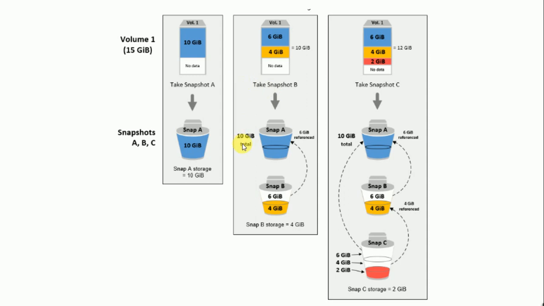Take a snapshot: Snap A is already there, and Snap B only contains the 4 GB of changed blocks. Now for volume 1, 6 GB plus 4 GB new, and for example if we remove 2 GB, then we have snap A, snap B and snap C. So here you can see how the snapshot flow works when you take snapshots one after another.